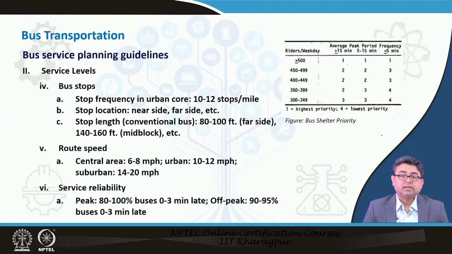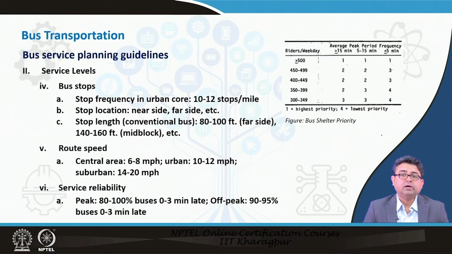This is something that many passengers who want to take buses are always wary about, that the service is not reliable. So, you may set some reliability standards and check them from time to time. For example, during peak period, it is said that 80 to 100% of the buses should be no more than 3 minutes late.